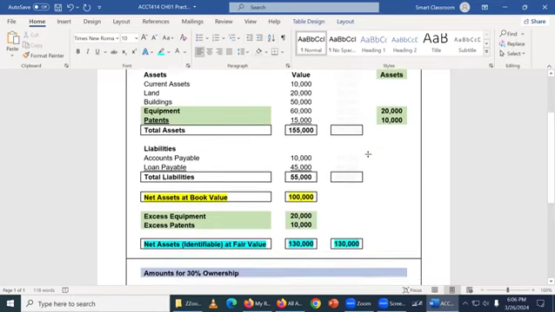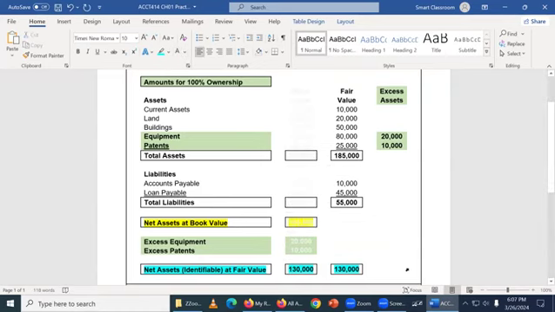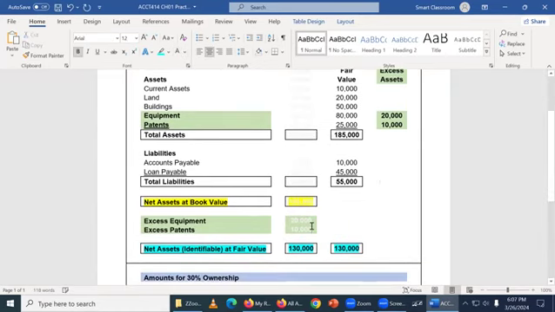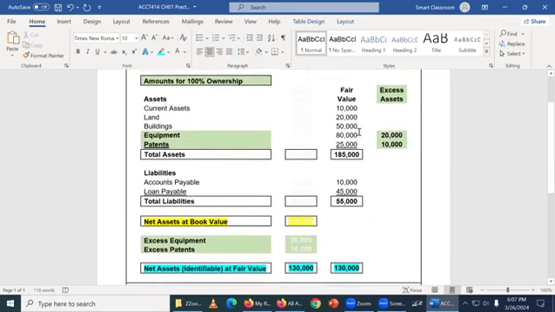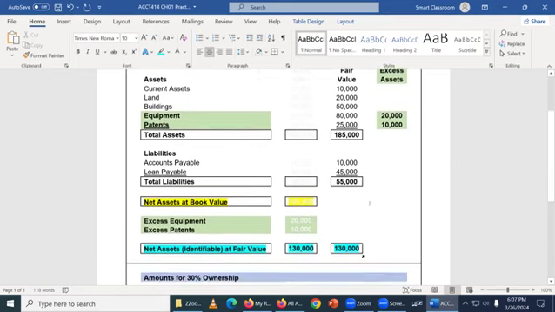Another thing they might do is this. You still see what those are, but they don't give you this, and they don't tell you what the book values are. And that's going to come into a little bit of importance when we get into some of the stuff today, but I'll explain that.